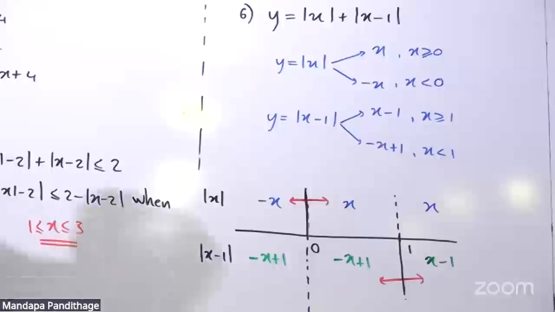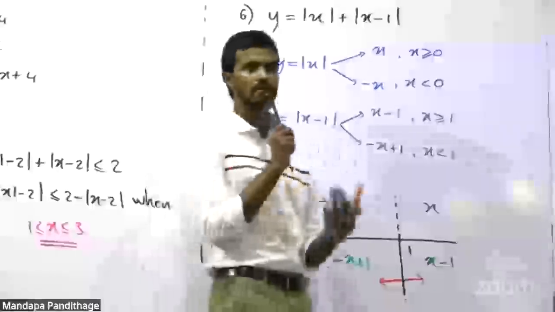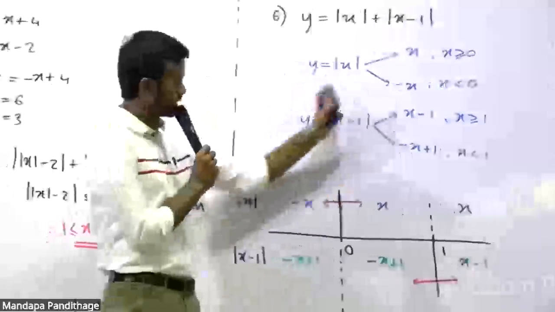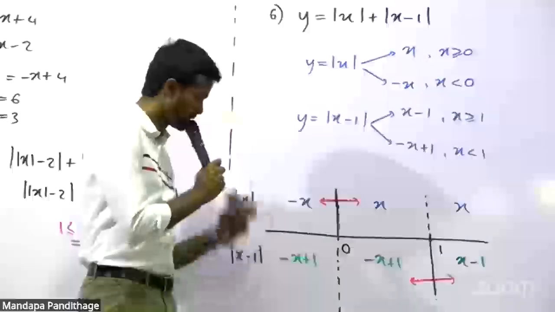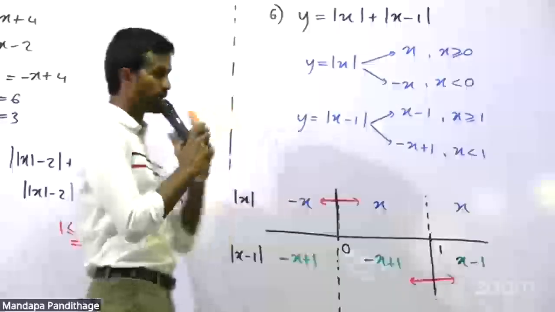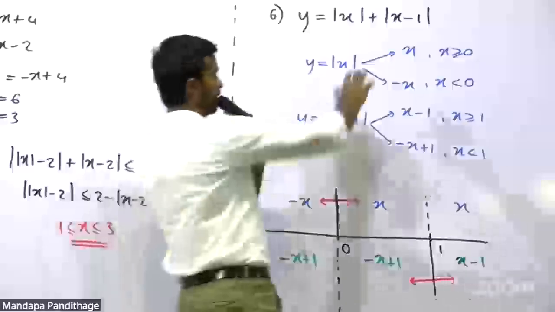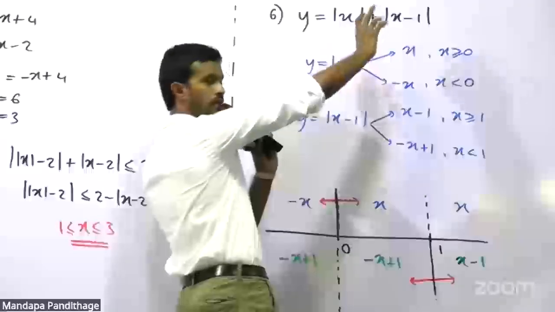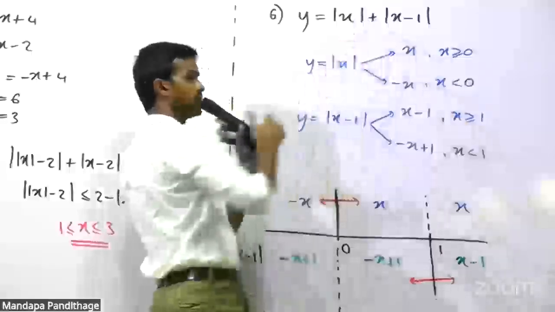Okay, now silence. The main part. Listen. Here we have taken modulus x separately and modulus x minus 1. But what is required is not modulus x or modulus x minus 1. We need to consider the addition of these two.